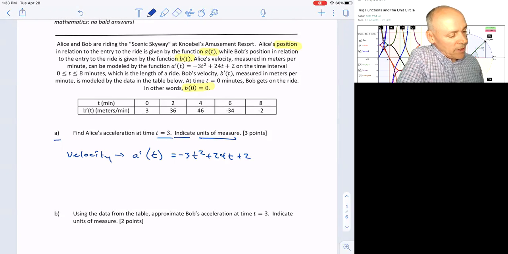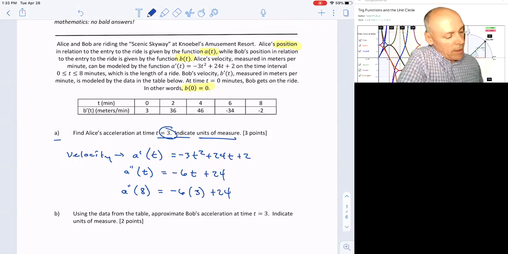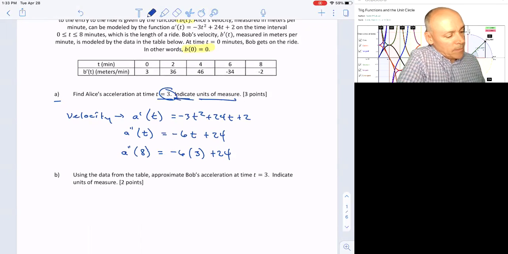And if I'm looking for acceleration, I basically want a double prime at t. It's going to be negative 6t plus 24. And so acceleration at time 3 is equal to negative 6 times 3 plus 24.